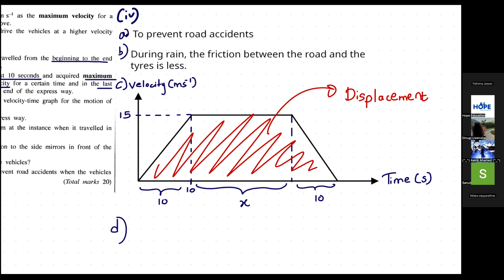Okay, y'all say yes. What is the displacement of this object? Others, what do you think?